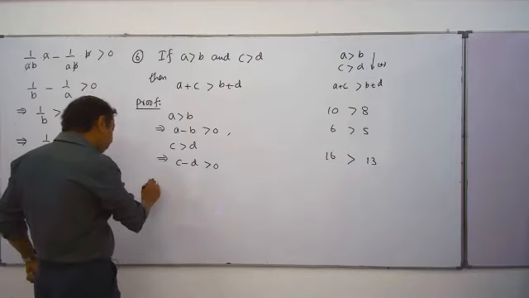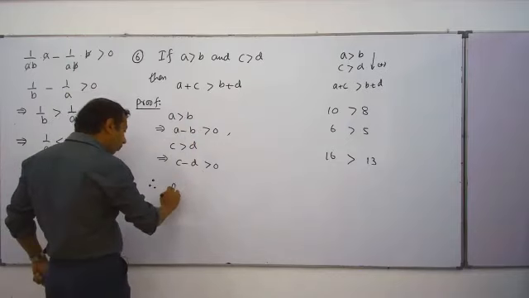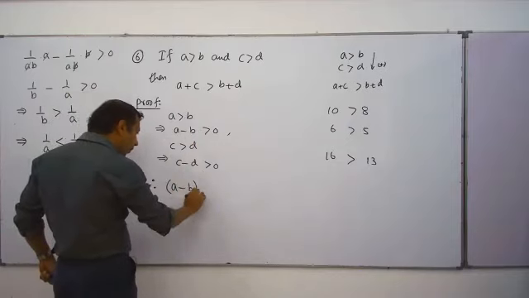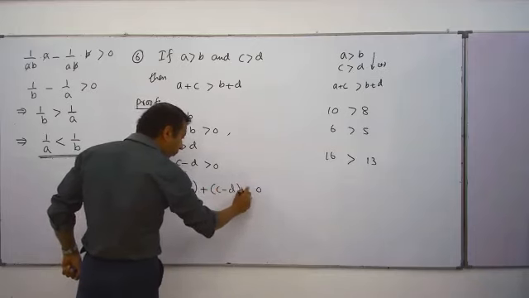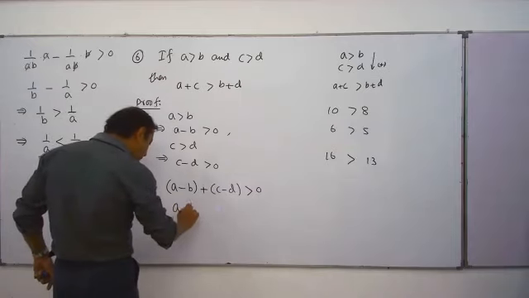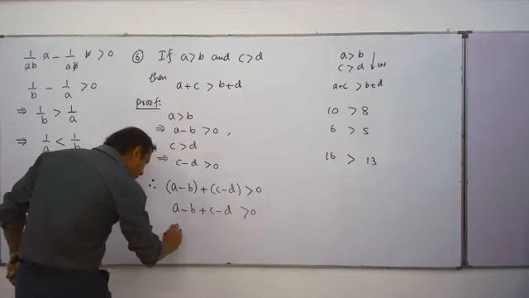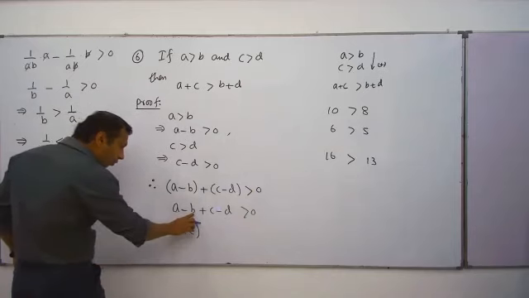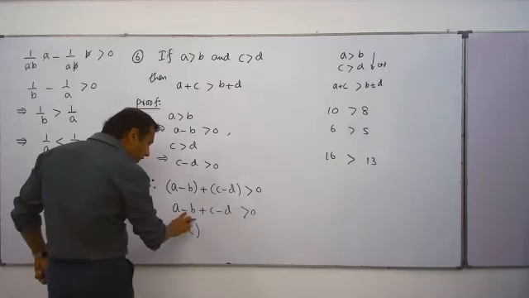Therefore, A minus B is a positive value, C minus D is also a positive value. Therefore, A minus B plus C minus D is positive. Now remove the brackets. A minus B plus C minus D positive. I take this A and C together like this. From this B, it contains a minus sign. No? Here this B contains a minus sign. This minus sign I take out.